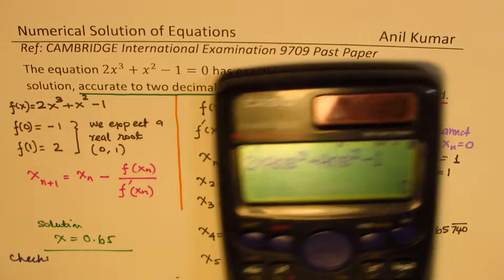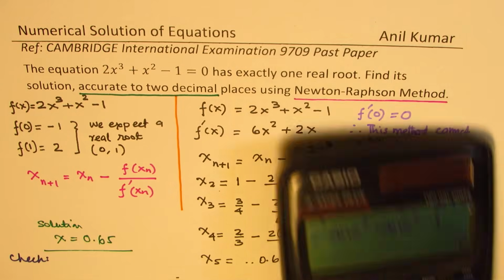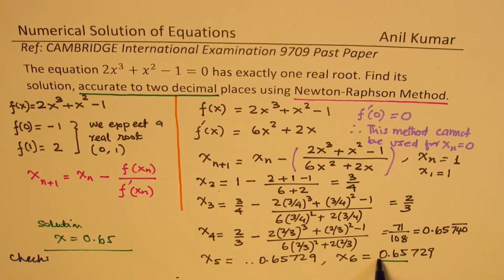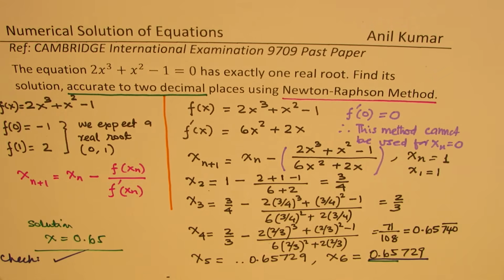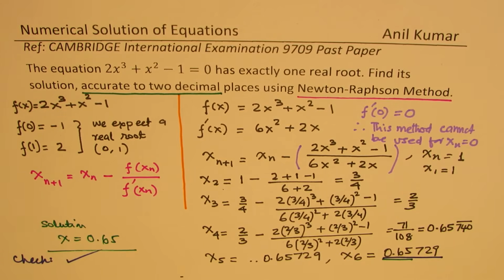See, it gives you 0. So that particular answer which we got right here is a very good answer. So the check passes. That is how we can provide a fairly accurate solution to any equation using the Newton-Raphson method.